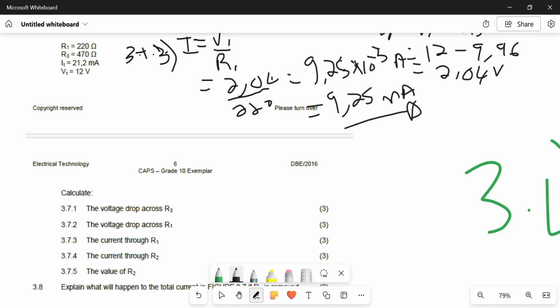We are going to utilize the formula from the parallel combinations: IT equals I1 plus I2.